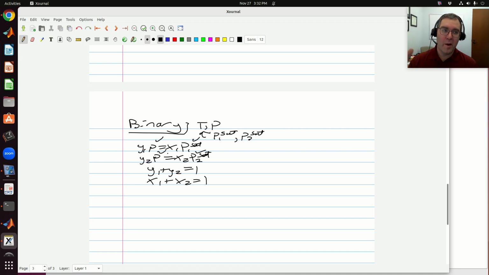So for a binary system, when I specify temperature and pressure, similar to this problem, I have a system of four equations with four unknowns, which I can solve for Y1, Y2, X1, and X2. So I can just solve my phase equilibrium expressions, calculate the composition of my two phases, and then if I wanted to know amounts, I could use a mass balance, which we'll talk about here in a second.